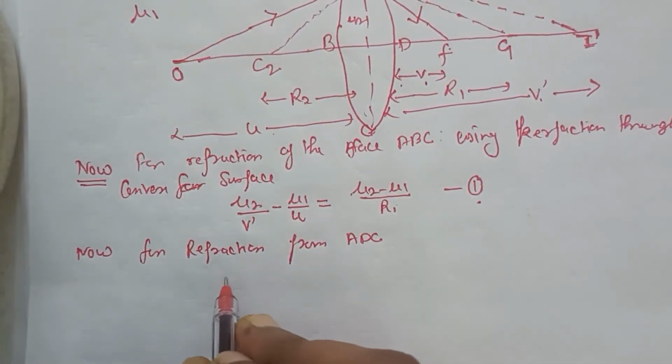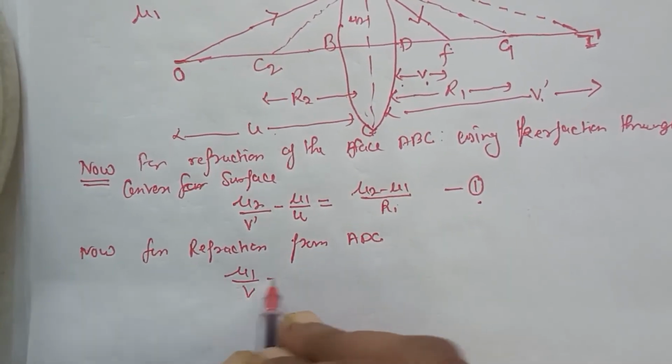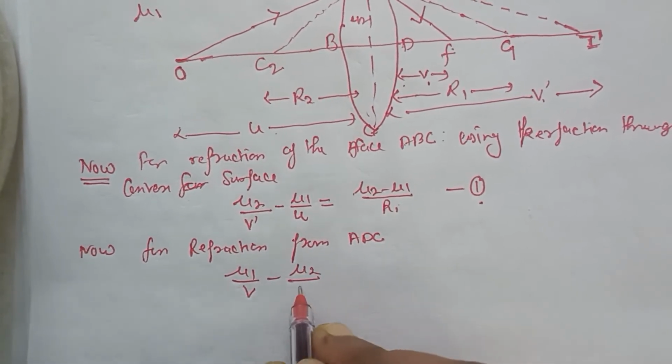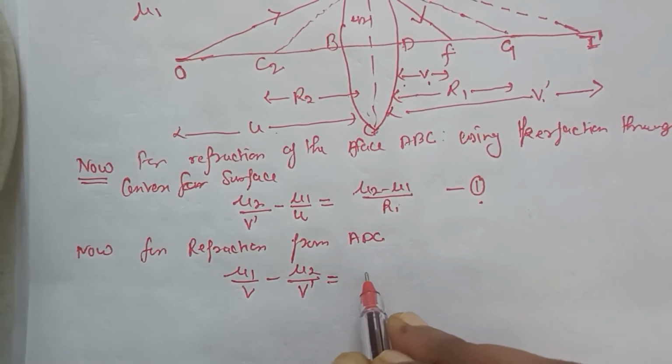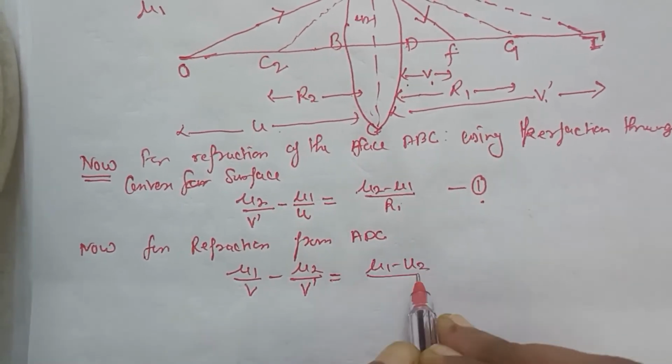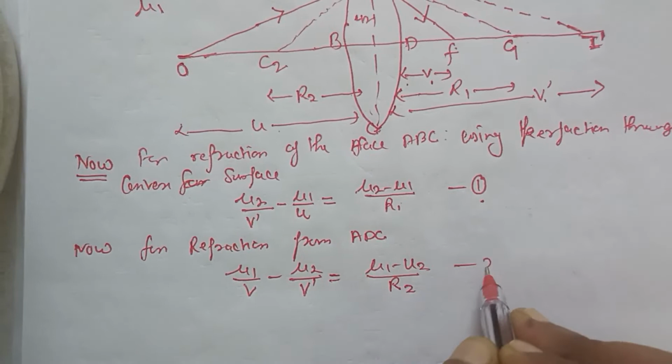Then the formula is mu1 divided by V minus mu2 divided by V dash equals mu1 minus mu2 divided by R2, equation number 2.